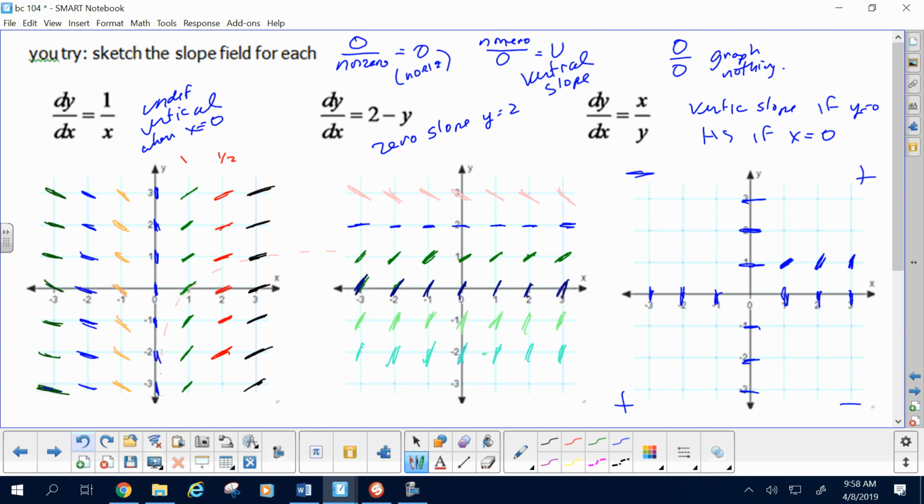Now, as far as where I'm going to go next, I'm going to follow that same kind of thought process over here, except instead of positive 1, this will be negative 1, negative 2, negative 3. Then I'm going to go down to the lower quadrant, positive 1, positive 2, positive 3, and in the fourth quadrant, negative 1, negative 2, negative 3.